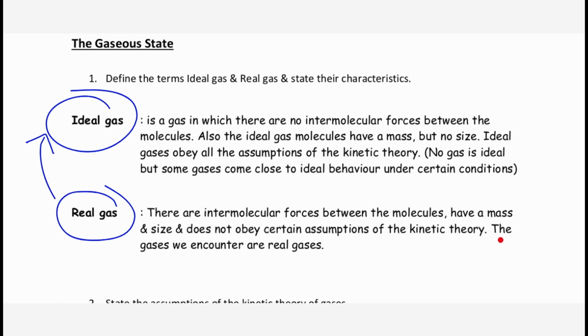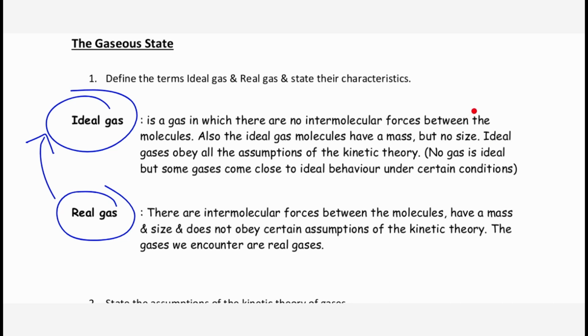Now, what is an ideal gas, and what are the characteristics of an ideal gas? Real gases have intermolecular attractions, right? But in an ideal gas, there is no such thing. Impossible, right? Because any gas should have intermolecular attractions, as we have studied intermolecular attractions under chemical bonding.